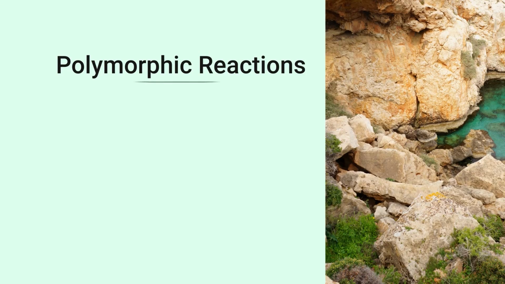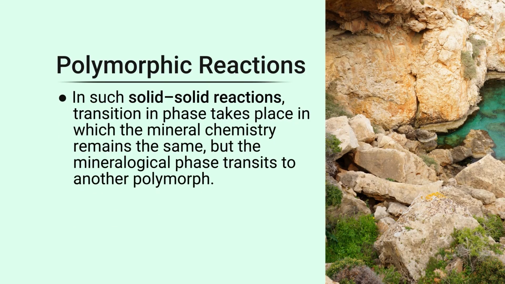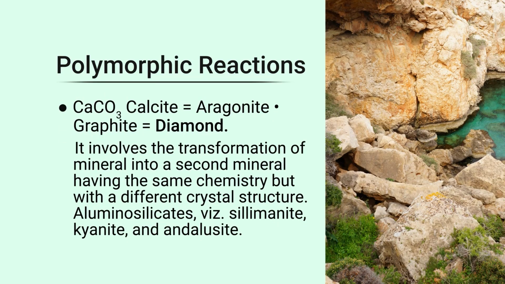The next type of reaction which occurs is the polymorphic reactions. Now, polymorphic reactions are again solid-solid reactions, and a transition in phase takes place, but the mineral chemistry remains the same. The mineralogical phase transits to another polymorph. The chemical composition is the same, but the structure changes.